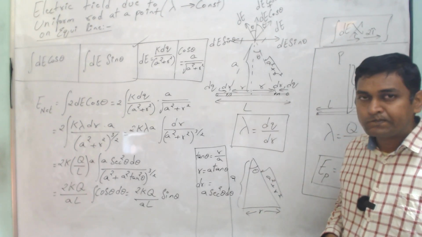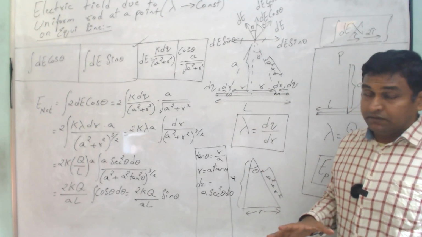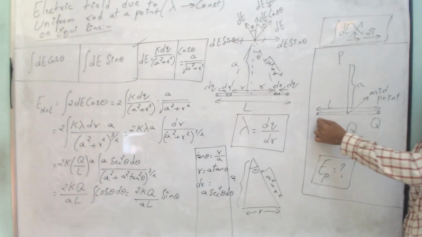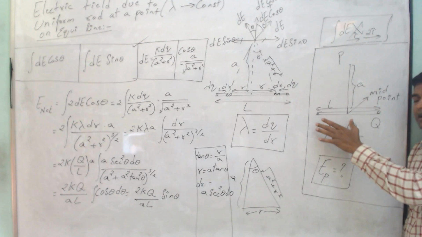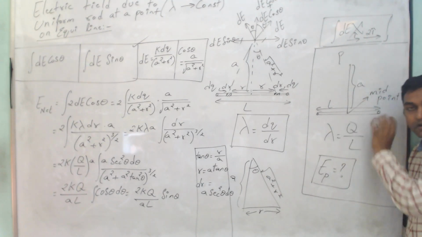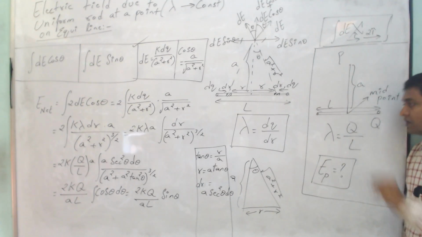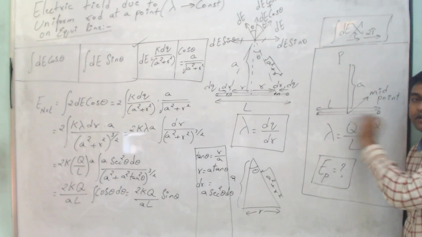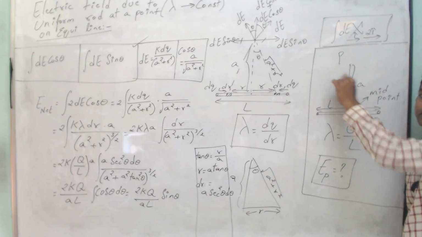See, so the question begins like this. A rod of length L has uniform charge distribution of total charge capital Q along it. Find the electric field at a point P, which is at a distance a perpendicular to the rod due to the rod.